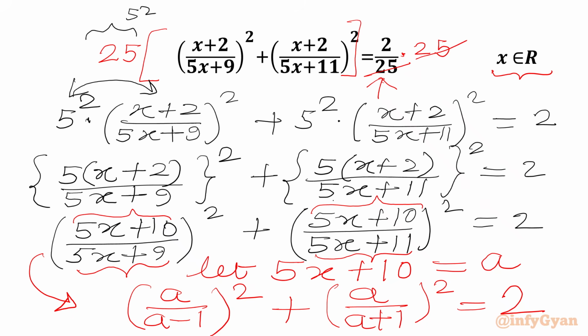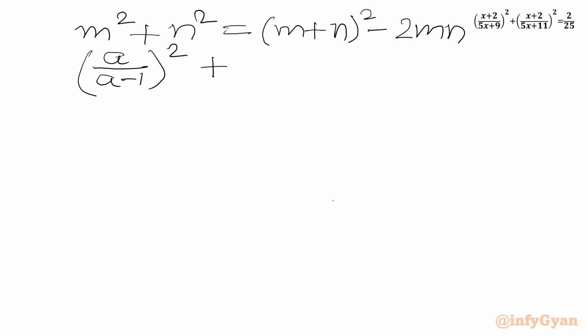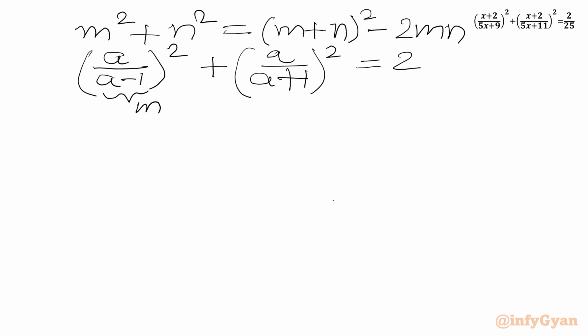We know one algebraic identity which says m squared plus n squared can be written as (m plus n) whole squared minus 2 times mn. So in our equation, a over a minus 1 is m and a over a plus 1 will be n.